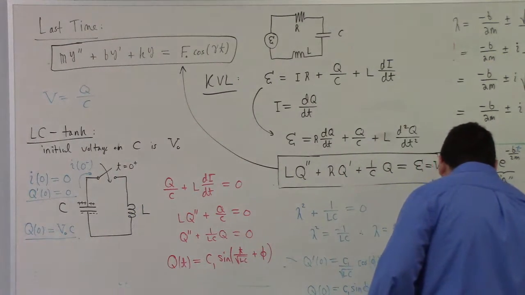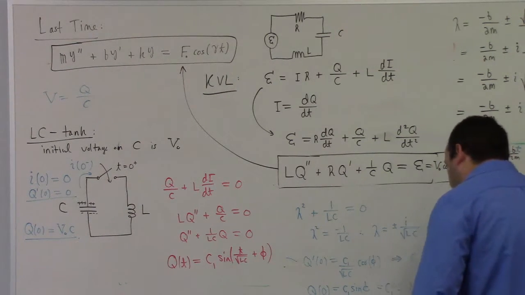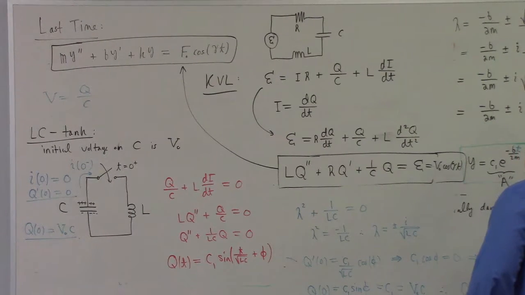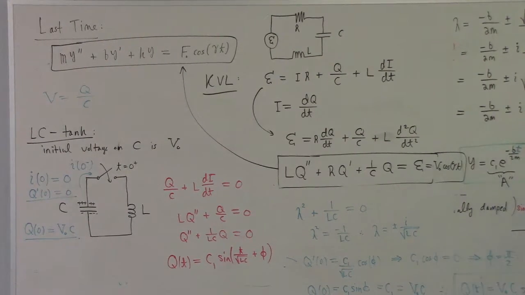The charge as a function of time is V naught C times the sine of t over the square root of LC plus pi over 2. And that's an example of an LC tank problem with initial conditions.